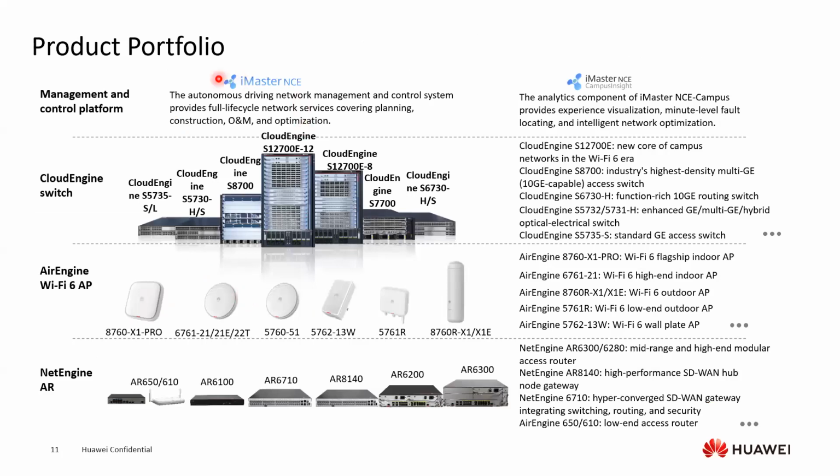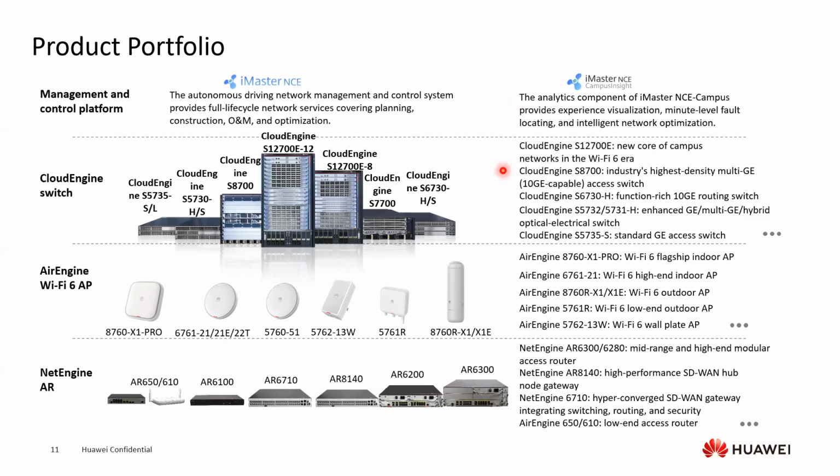If we go through the product portfolio, on top we have management, that is iMaster NC. iMaster NC is an autonomous driving network management and control system that we just discussed. For intelligent O&M and experience visualization, we have iMaster Campus Insight.